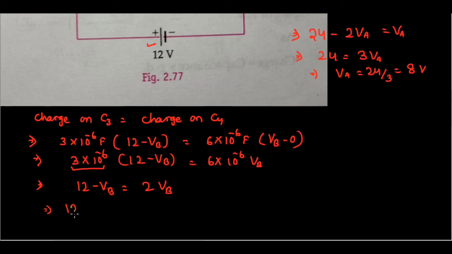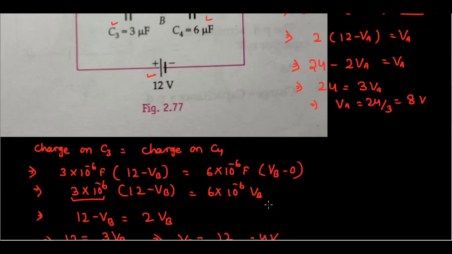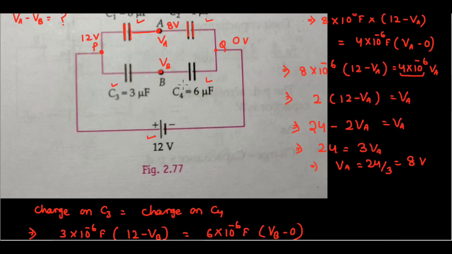That implies 12 equal to 2 VB plus VB, which means 3 VB. That implies VB equal to 12 by 3, which is 4 volt. So we got that the potential of the point B is 4 volt. Potential of A is 8 volt, potential of B is 4 volt.